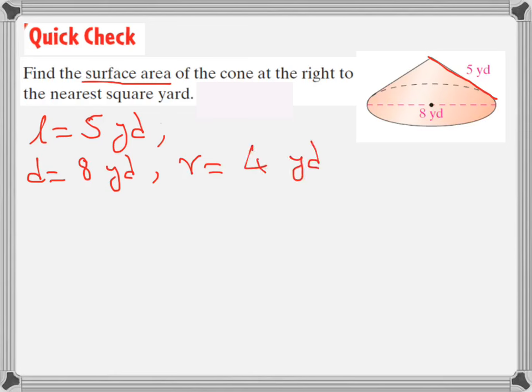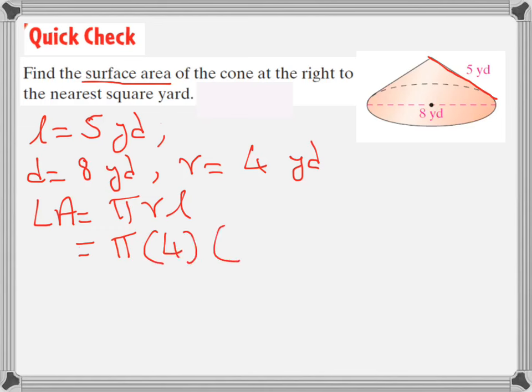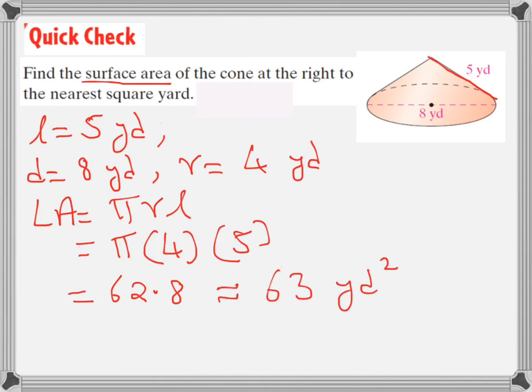What is the formula? LA is pi r L, which is pi times the radius is 4 and the slant height is 5. And it is going to be 62.8, which is approximately 63 yard square.